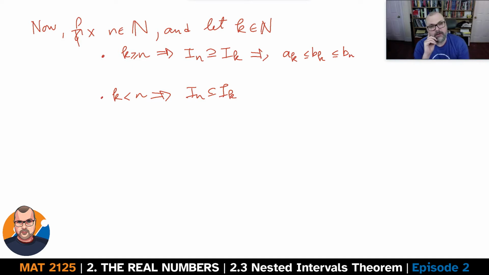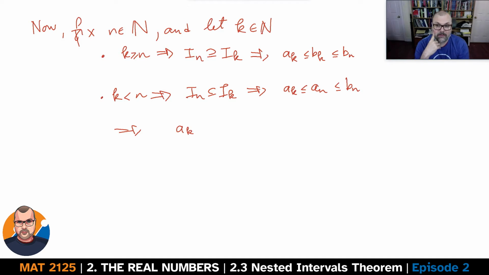And you could play, roughly speaking, the same game to show that Ak has to be smaller than An. That's because In is contained in Ik, and that An is smaller than or equal to Bn. That's because we have an interval In with a lower end An and an upper end Bn. In both cases, whether k is smaller than n or whether k is greater than or equal to n, Ak is smaller than or equal to Bn.